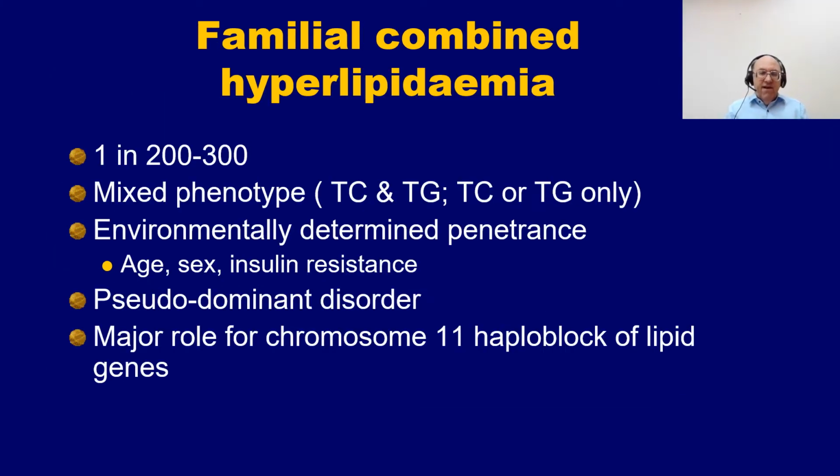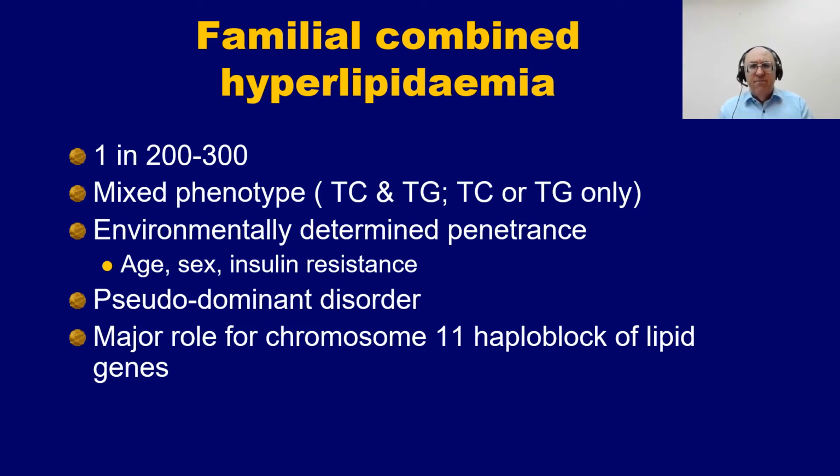So what about the confounders that are relevant? Well, one of these is a pseudo-autosomal dominant condition called familial combined hyperlipidemia, of similar frequency. It has a phenotype which is classically supposed to have raised triglycerides, but again, unless you're obese, unless you're insulin resistant, unless you're older, this phenotype may not show through.